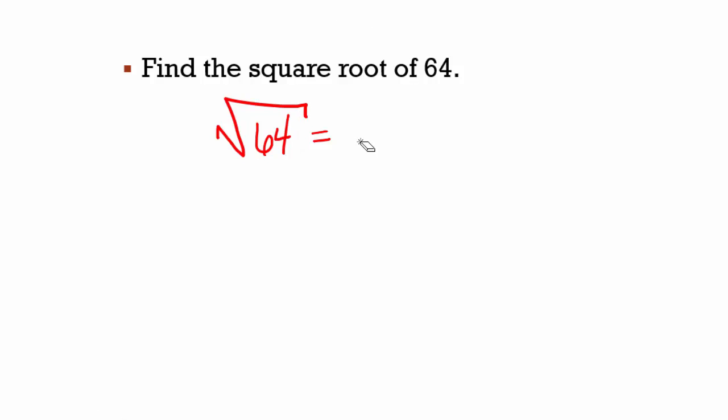This is the same thing as the square root of 8 times 8. So there we have two of the same thing because the square root is really just a number times itself. So the square root of 64 could be written as 8 times 8 or just 8.